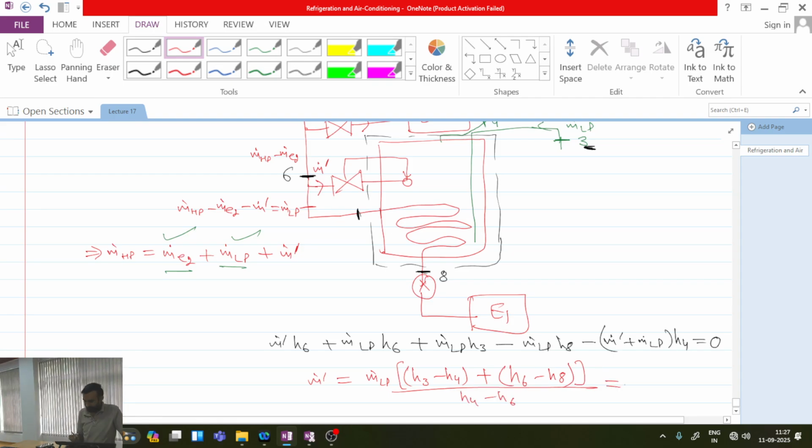And if you calculate m dash from here, it comes out to be 0.0075427 kg per second.